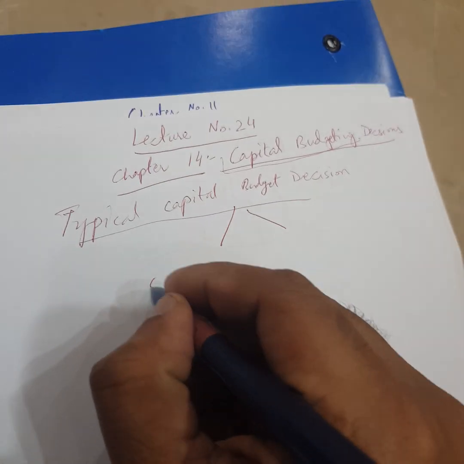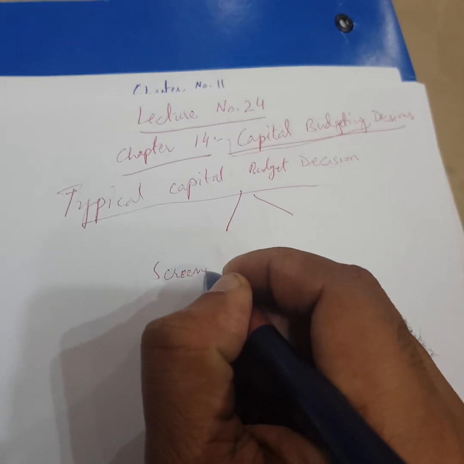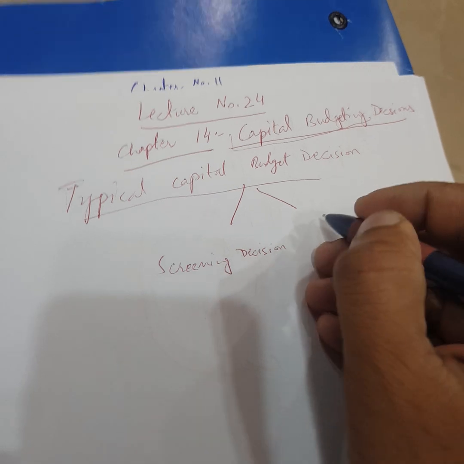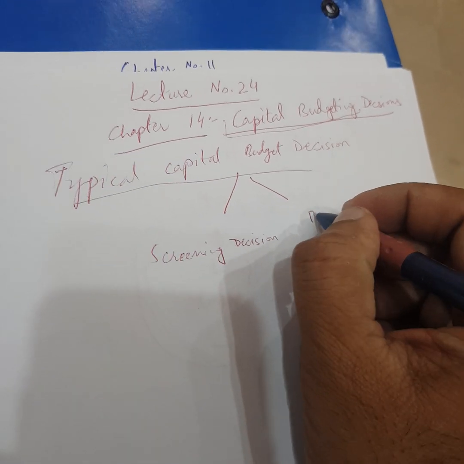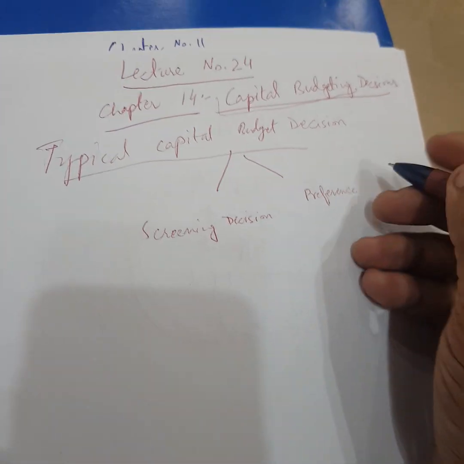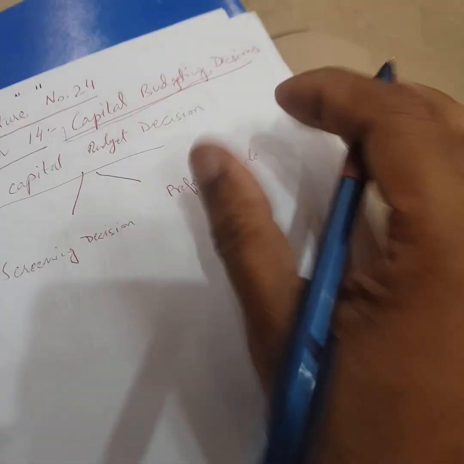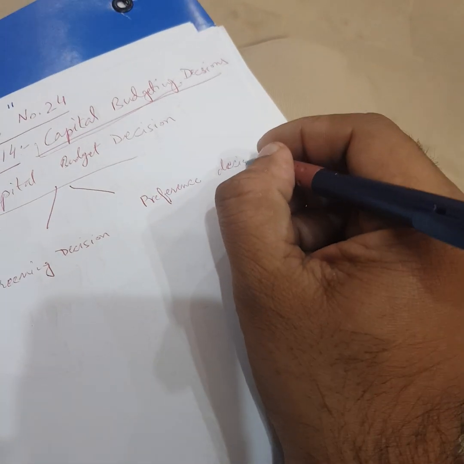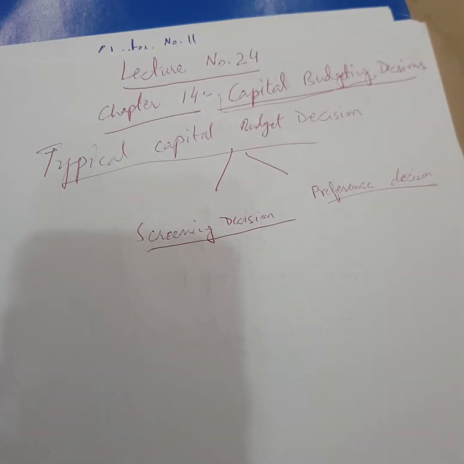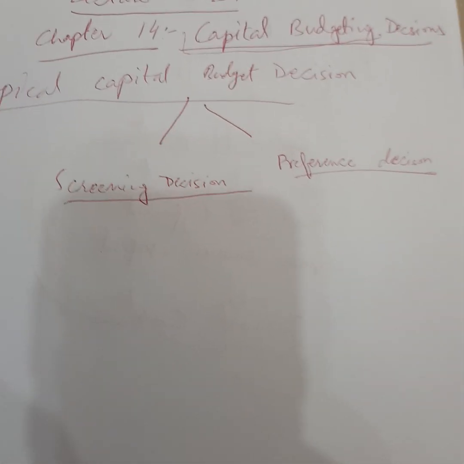There are two categories in capital budgeting decision. The first one is the screening decision. The second one is the preference decision.